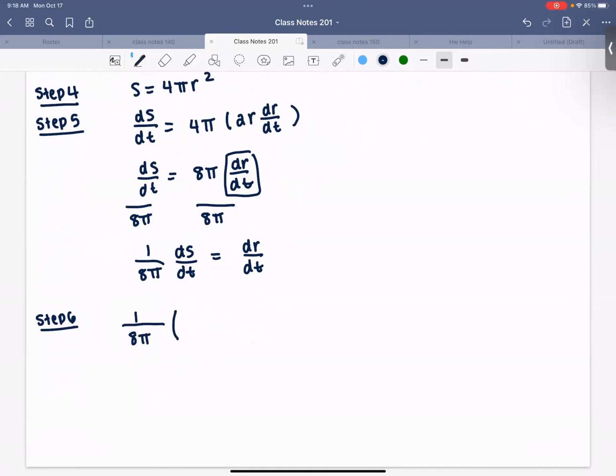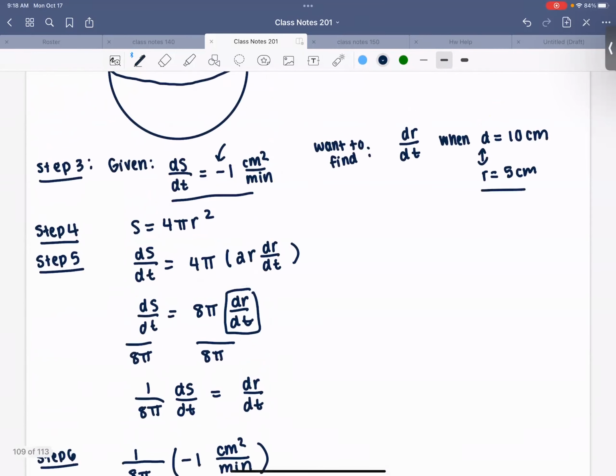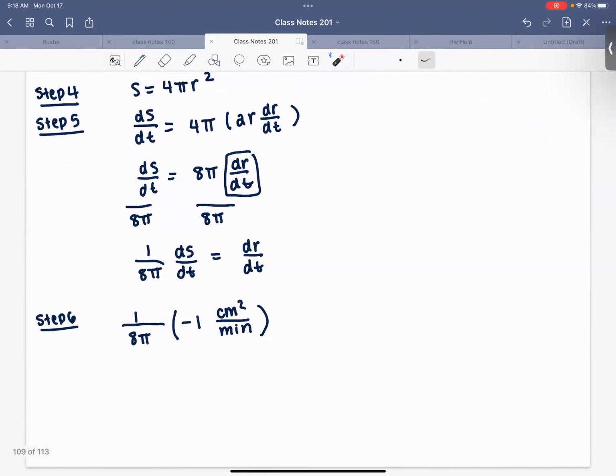I have dS/dt, which is -1 centimeters squared per minute. I actually can't plug in r equals 5. Does that matter? I actually didn't use 5 here, but because my derivative doesn't have an r in it, then I guess I don't actually need to plug it in.